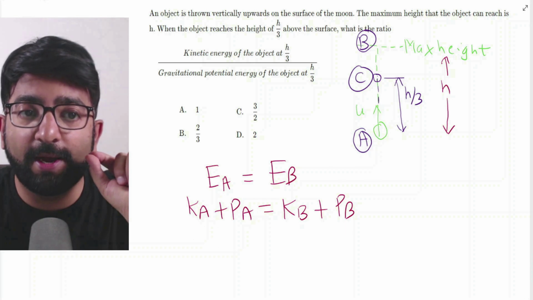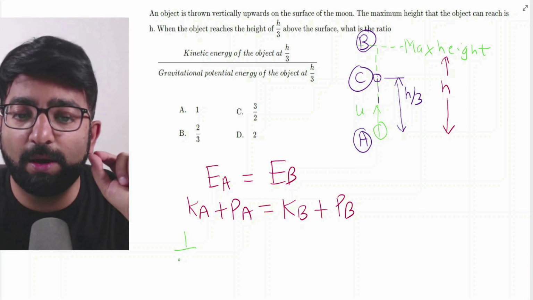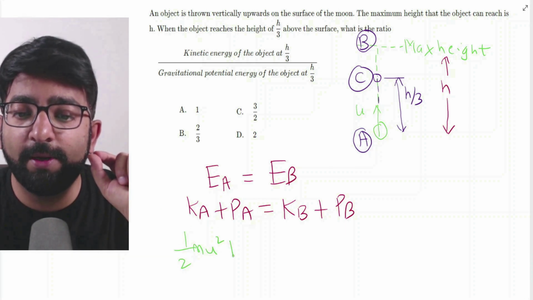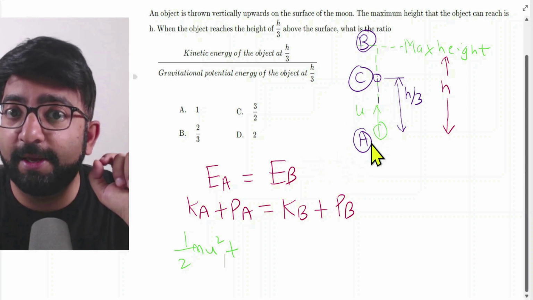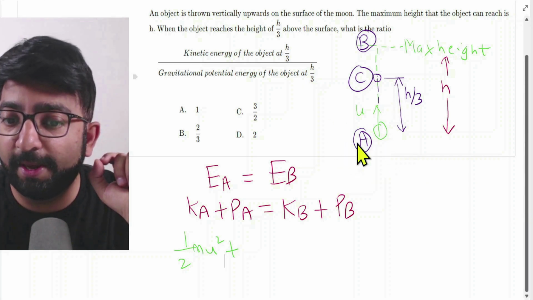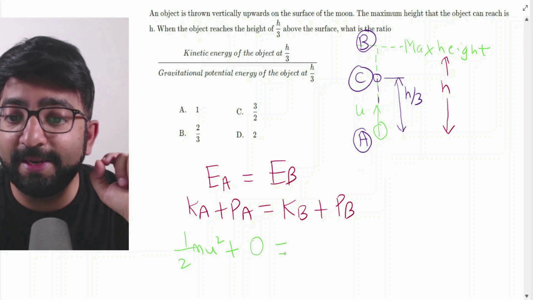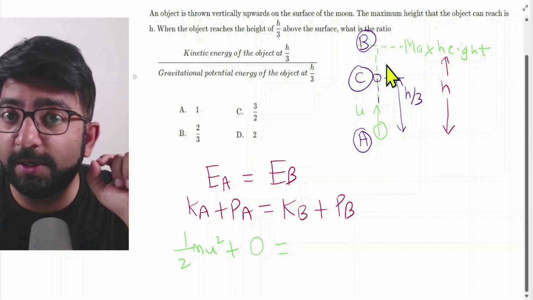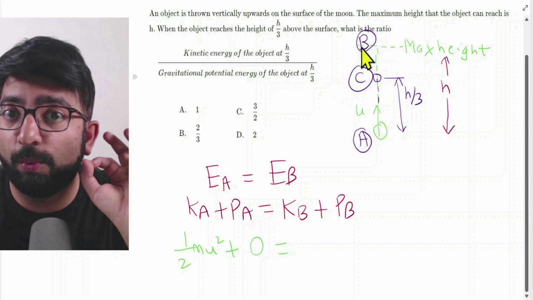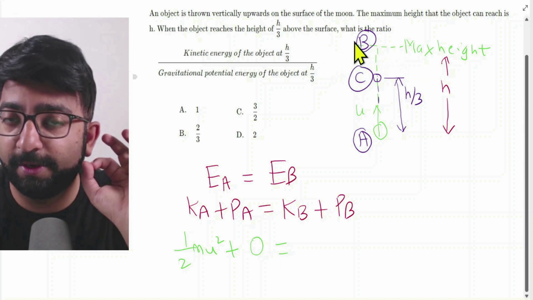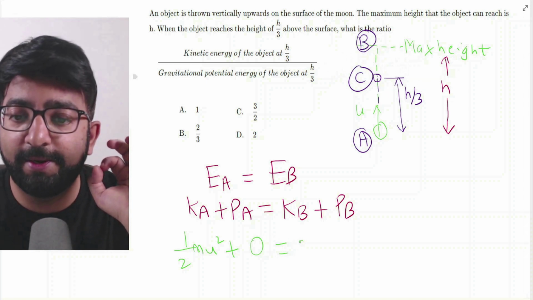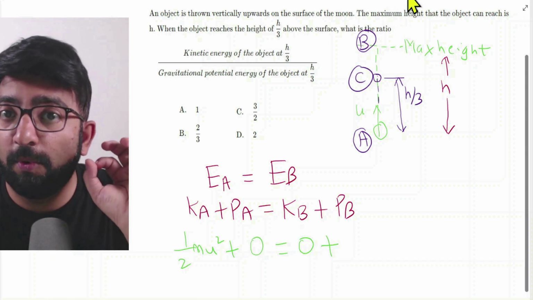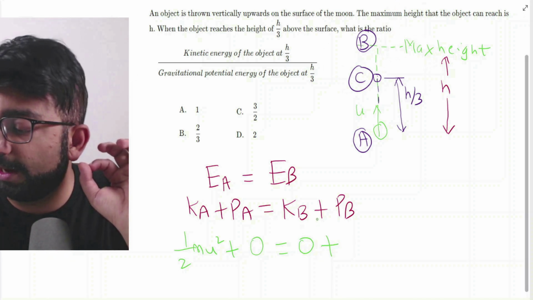So kinetic energy at A, we will write as half mu square, plus potential energy at A, we will consider as 0 since A is on the ground. Kinetic energy at B will be 0 because the object will become instantaneously stationary at the maximum height, plus potential energy at B will be mgh.